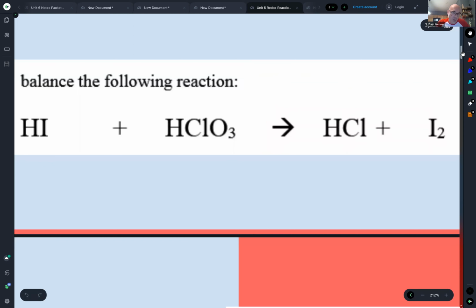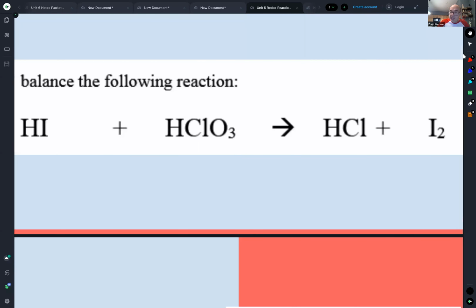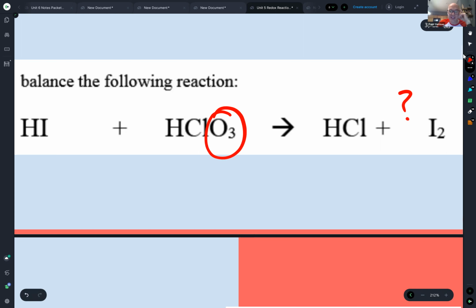What we ultimately want to use this information about oxidation states for is to balance a reaction just like this. Looking at this one, you should start to see that there is a problem. The big problem is that there's an oxygen on one side, but it's not over here on the product side.